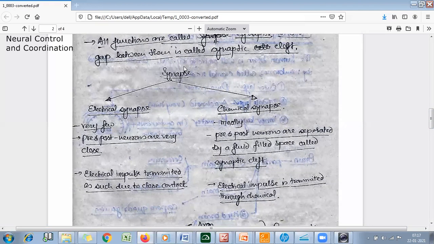We will see when the electrical synapse transfers the signal and when the chemical synapse transfers the signal. First we will see what an electrical synapse is.